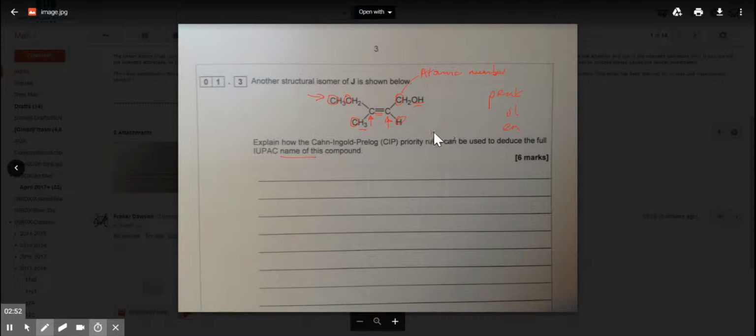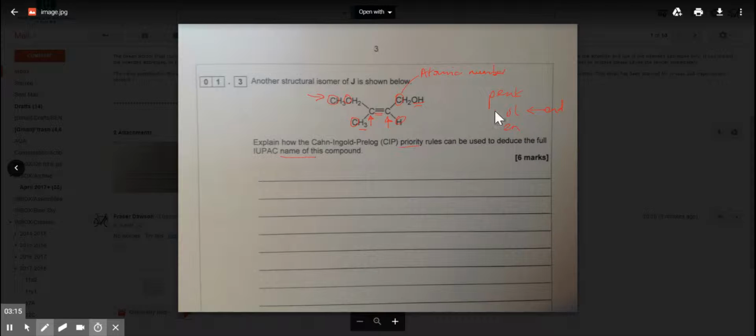You're going to make a name out of those three parts of the word. The highest priority group, that's not these priority rules, this is the functional group priority rules, so it's going to be something-ol. That's going to come at the end of the name.